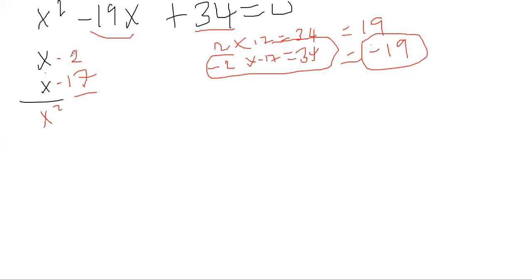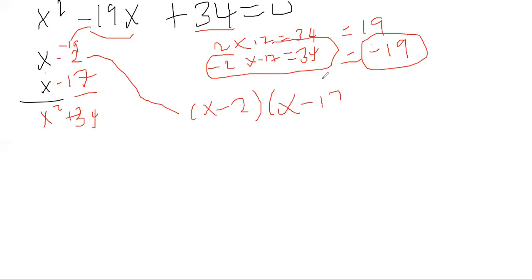This times this will give you 34, but if you add this and this, it will give you minus 19, which is this one. So at the end of the day, these will be our factors: x minus 2 and x minus 17 equals 0.